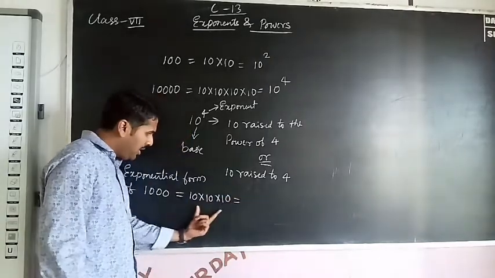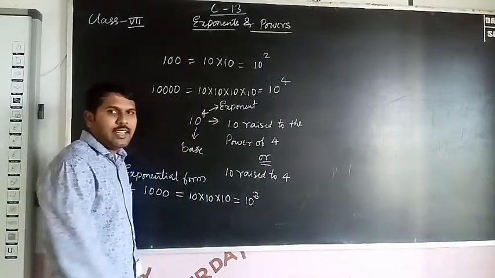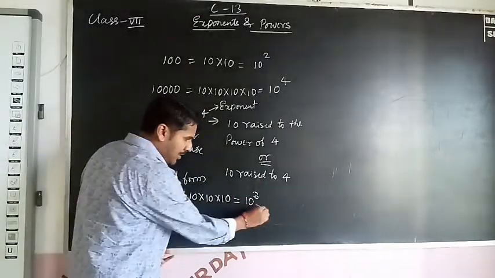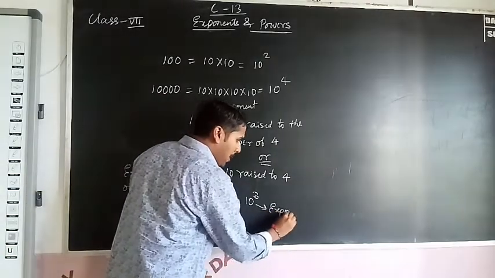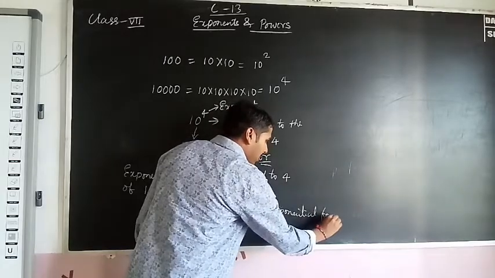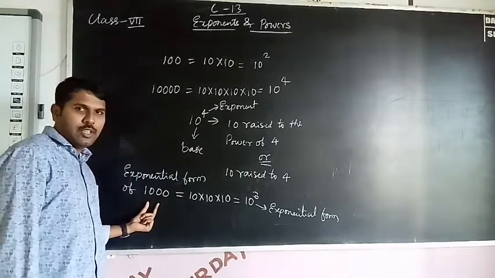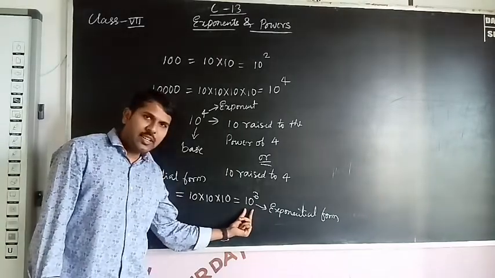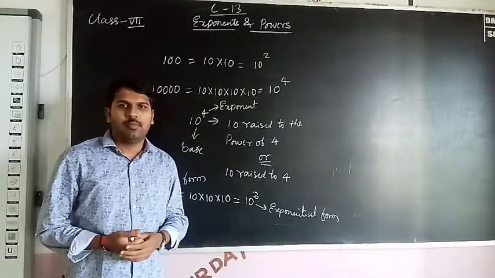So total how many tens? 3, no? 10 raised to 3. So this is the exponential form of 1000. Exponential form means you should write it using exponents.